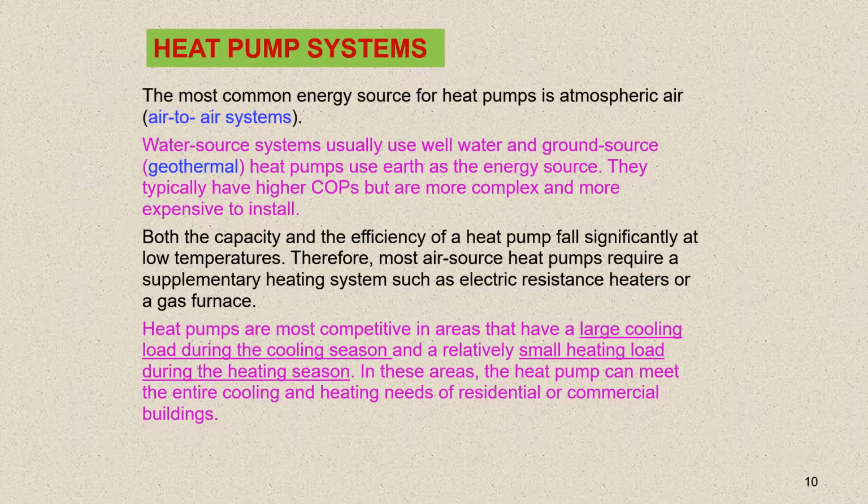The most common energy source for heat pumps is atmospheric air, or air-to-air systems, although water and soil also can be used in heat pumps. The major problem with air source systems is frosting, which occurs in humid climates when temperatures fall below 2 to 5 degrees C. The frost accumulation on the evaporator coils is highly undesirable since it seriously disrupts heat transfer.